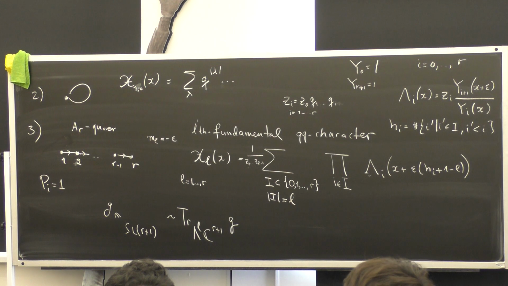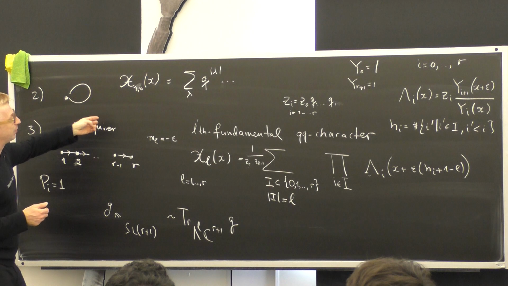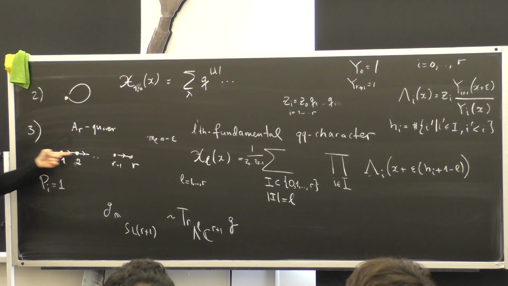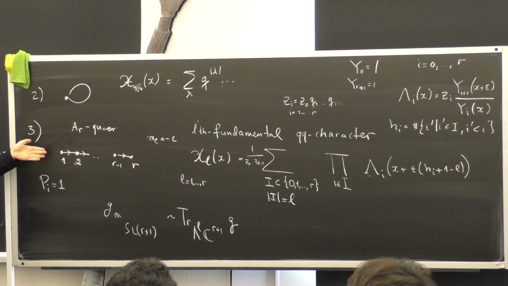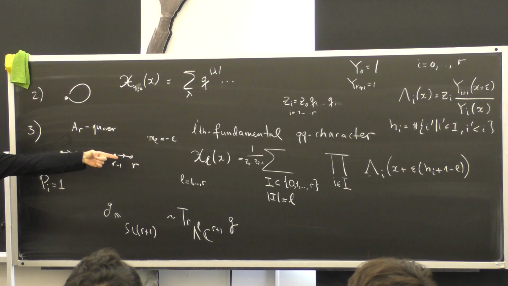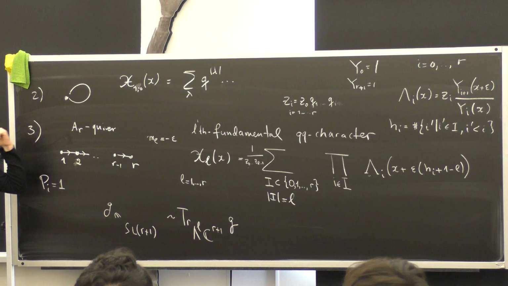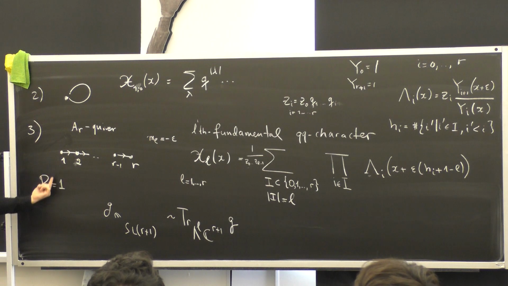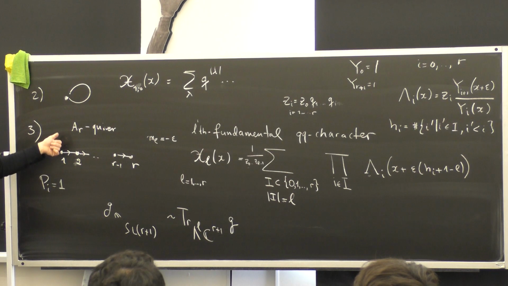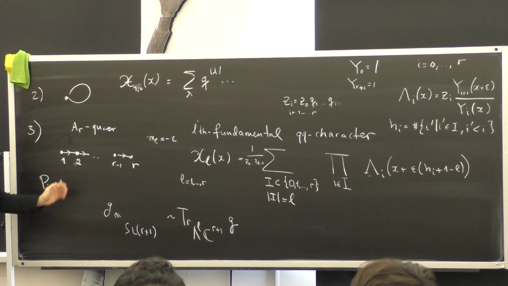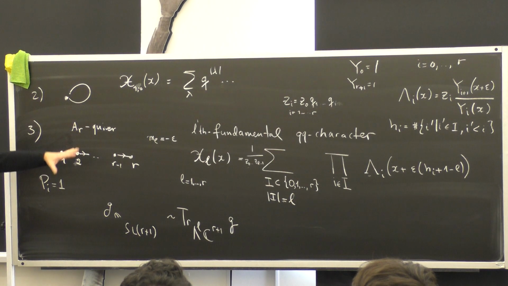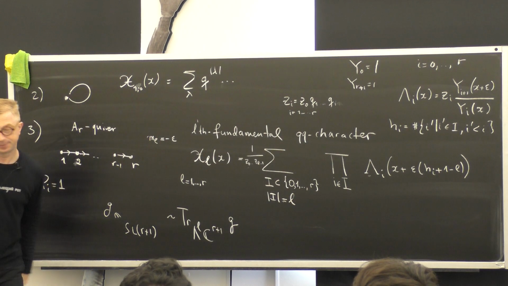So historically, there was some choice made that if I made the choice of orientation of my quiver, then I would say that I will not scale the B matrices which act along the arrow, and I will only scale the matrices which act against the flow. And in the framing spaces, I will not scale the operators which act from the framing space to the V space, and will scale the operators which act in the opposite way. So that's a choice. But if you don't like the choice, you can redefine your covariant weights and make things uniform.